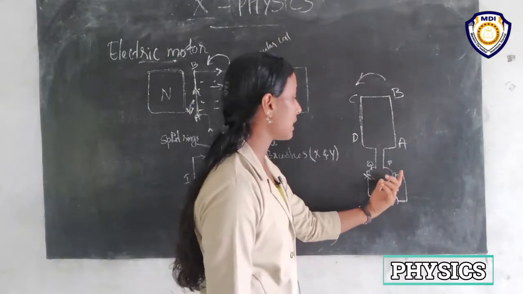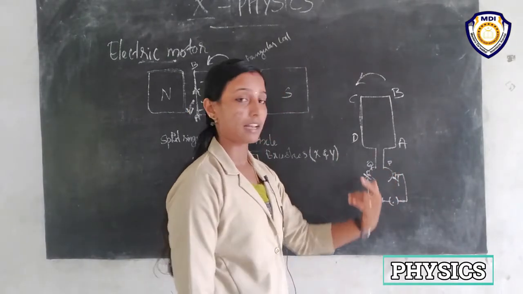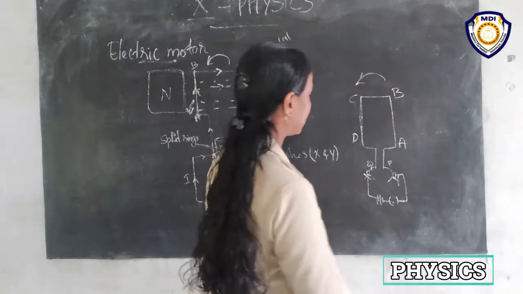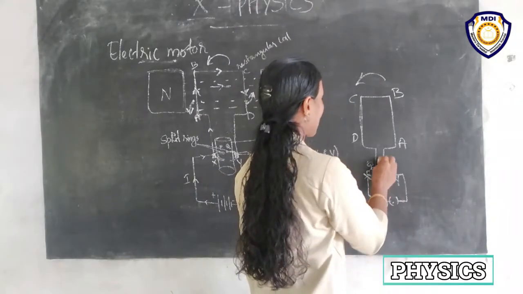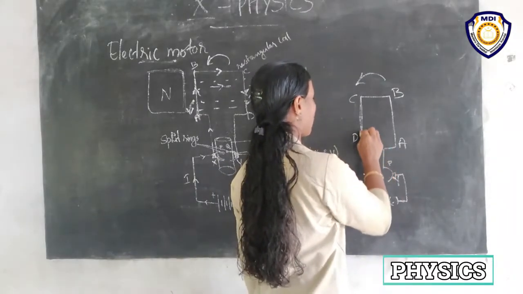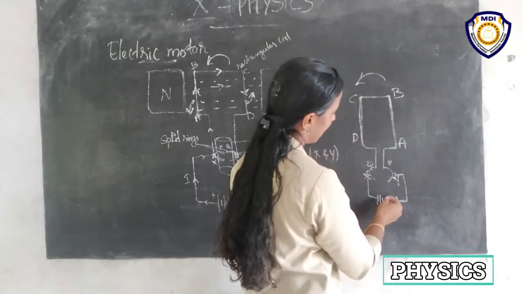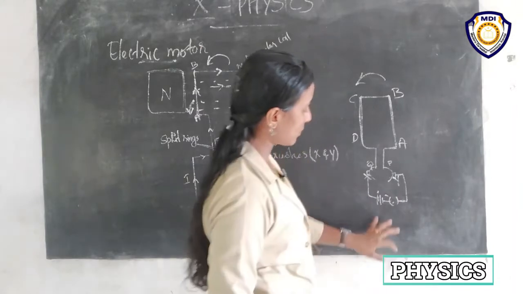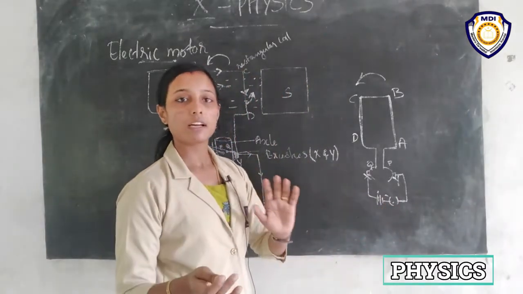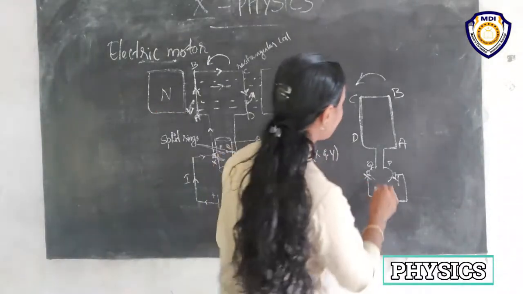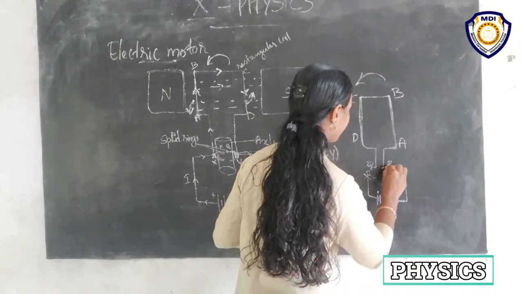Due to this reversal, what happens? The current through this armature coil is also reversed. The positive and negative terminals are not changed, but the split rings are changed.